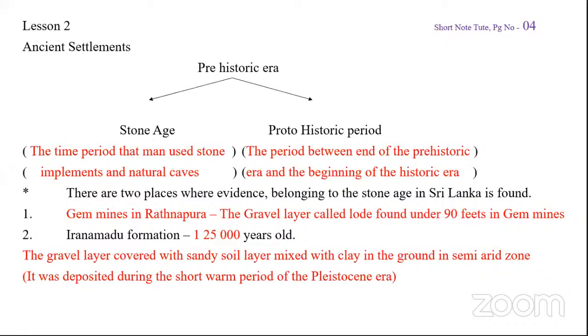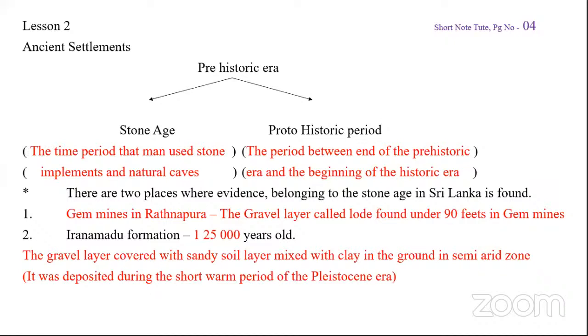So in the gem mines in Ratnapura, we have to dig about 90 feet down. When we dig 90 feet down, we will find a gravel layer called lodes. In that layer only we find the evidences regarding the Stone Age man of Sri Lanka.